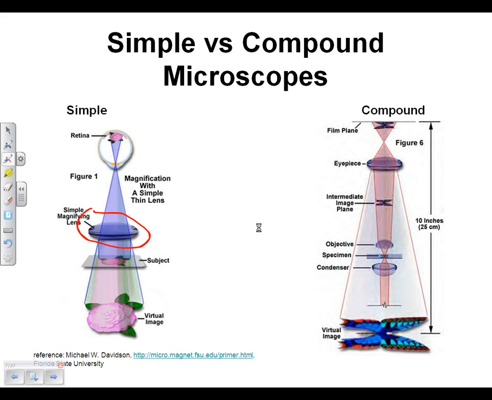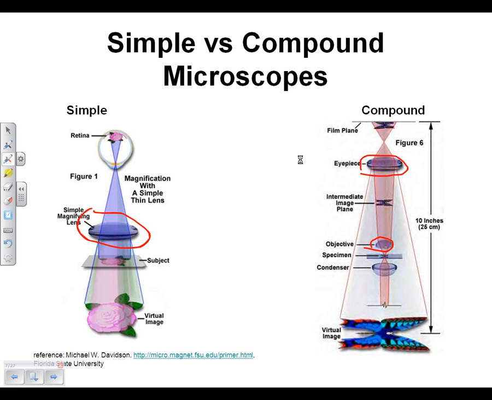All right. If you're talking about a compound microscope, you have two lenses. And what you get is the total magnification of those two, which is a multiplication factor of those.